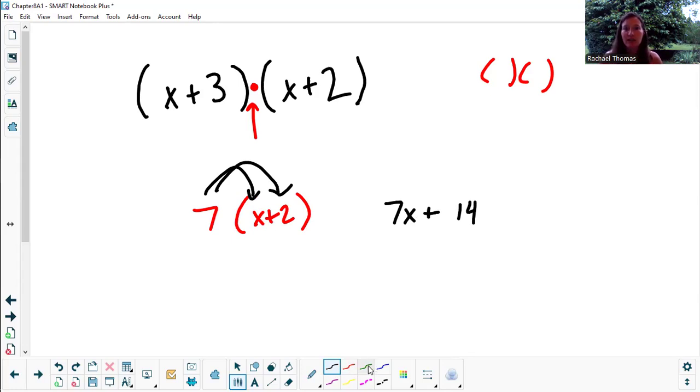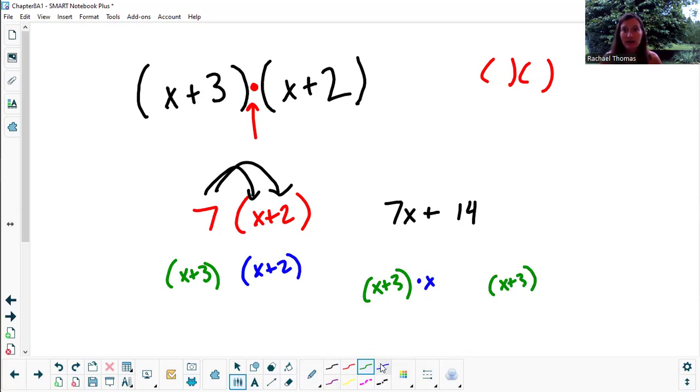Now, I'm going to claim that this x plus 3 times x plus 2 is exactly the same kind of thing, but what I'm multiplying, let me make this one green and this one blue, what I'm multiplying the x and the 2 by now is x plus 3. I'm going to take x plus 3 times x and x plus 3 times 2. Do you see how that's really the distributive property? And I'm going to add those things up.